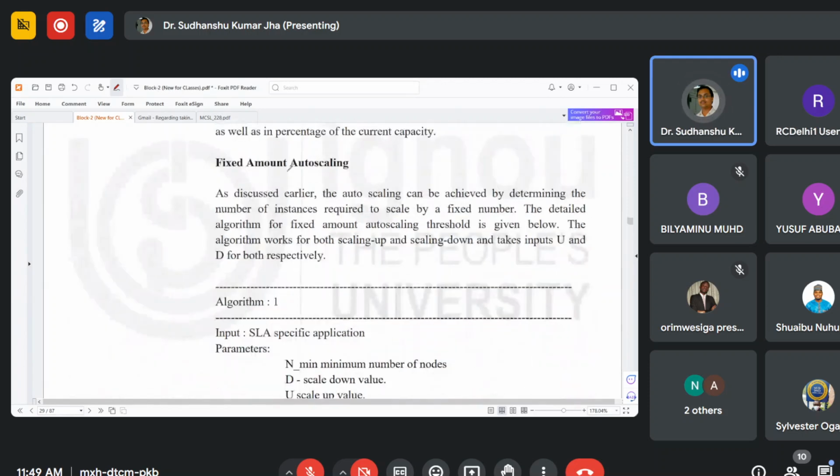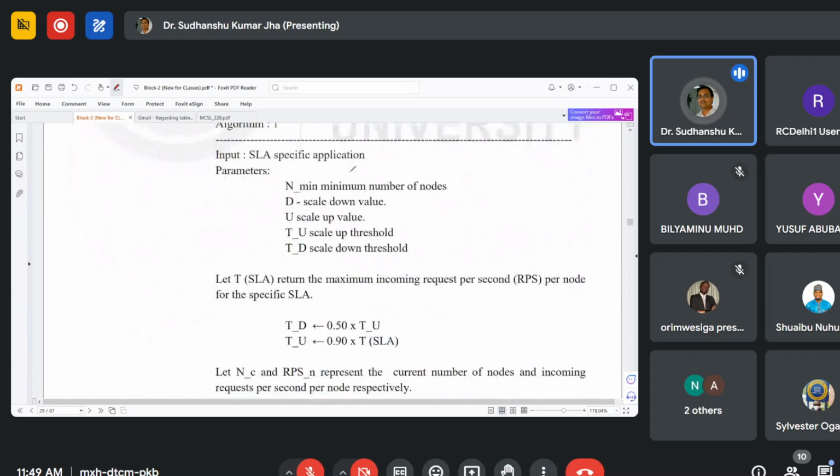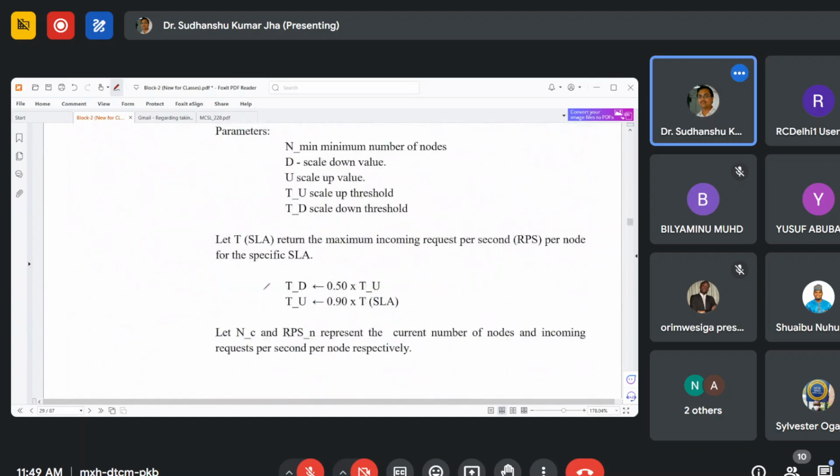So in the case of fixed amount auto scaling, I'm showing you that suppose 50% of the resources and scaling up is required. So how many resources do you need to add here?